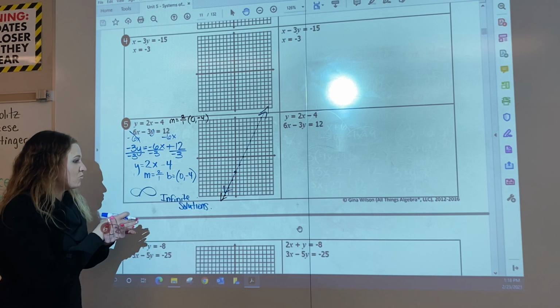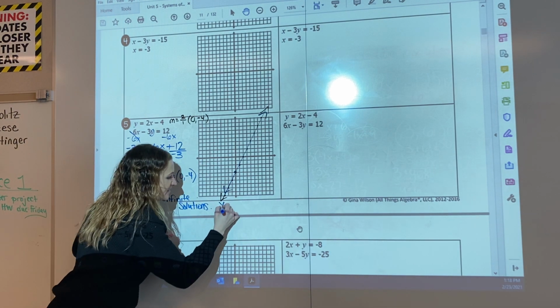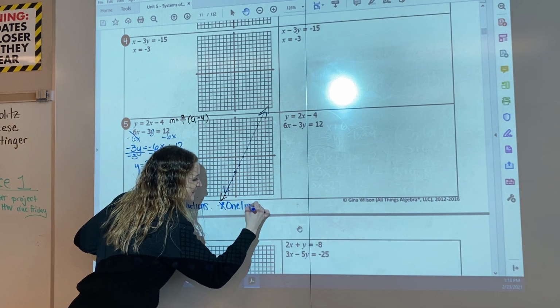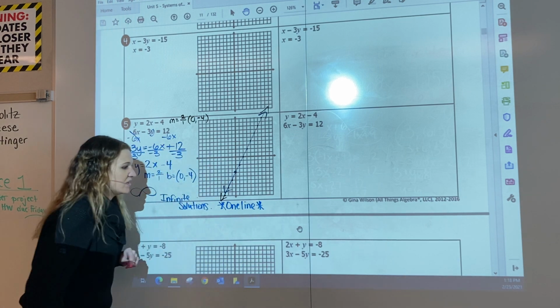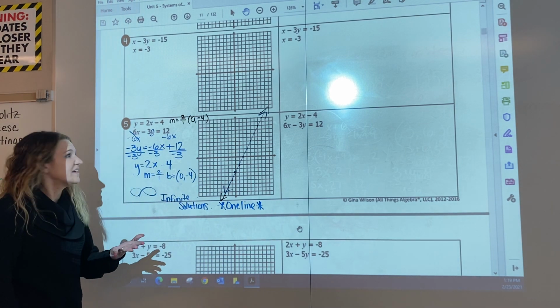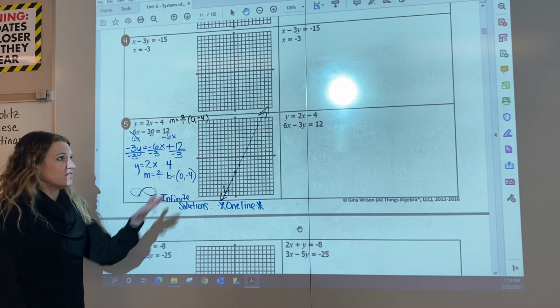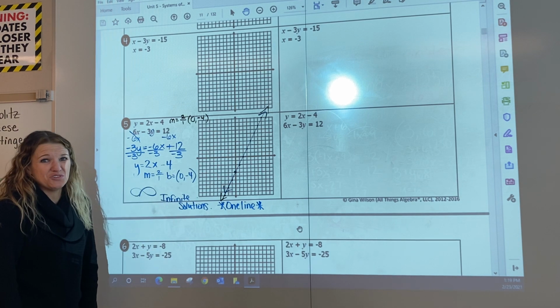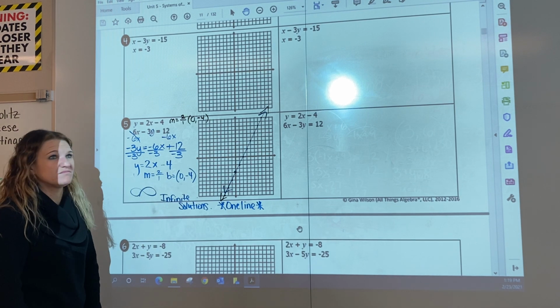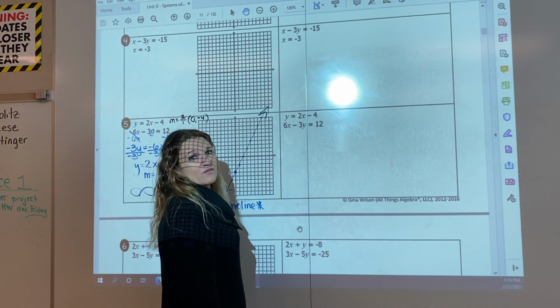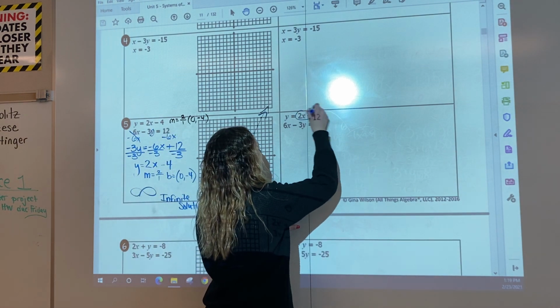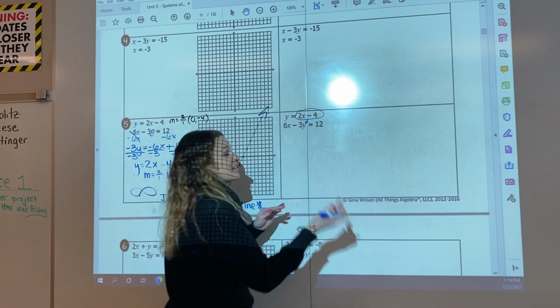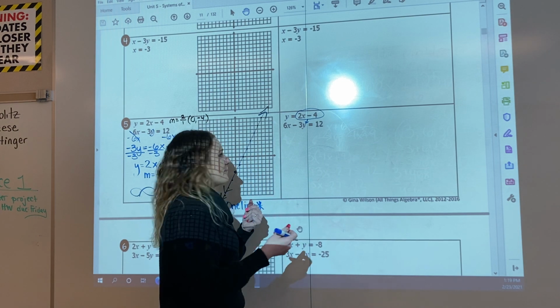So we know when it's infinite solutions, it's only one line. But what would it look like for substitution? Well, let's find out. Y is already solved for here. I'm going to take this expression and substitute it into the other equation for y. Let's see what happens.